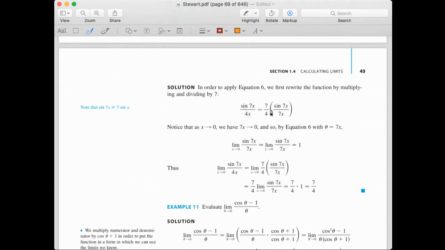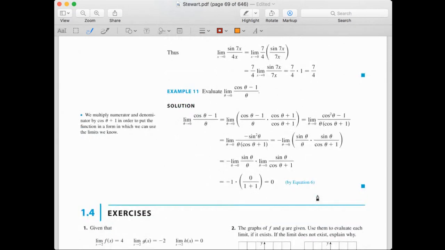So we just multiply 7 over 7, multiplying by this 1, to make a 7x in the denominator. Then we regroup: 7 sine 7x divided by 7x, and we're left with 7 over 4. When we take the limit of sine 7x over 7x, that becomes 1 when x approaches 0. Then we're left with 7 over 4. The limit of a number is just the number, so the limit is 7 over 4.